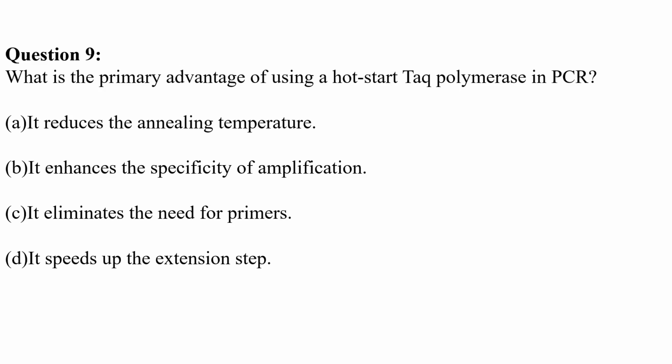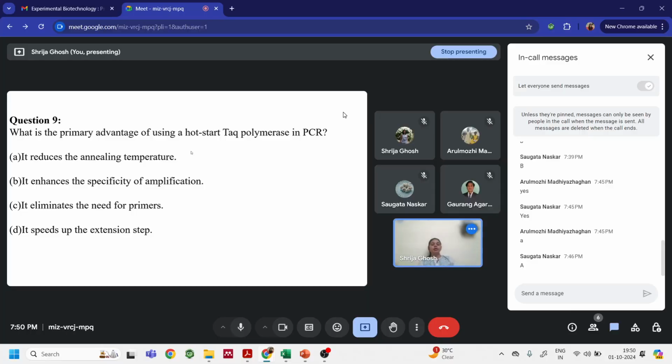Option C, it eliminates the need for primers. And option D, it speeds up the extension step. Why do we use hot start Taq polymerase in a PCR? What would be the answer?